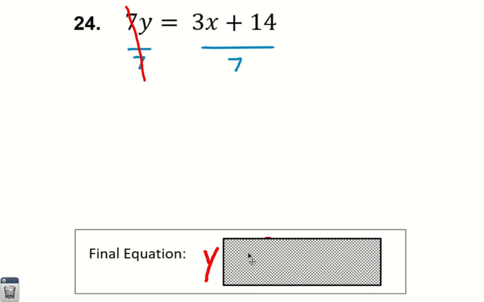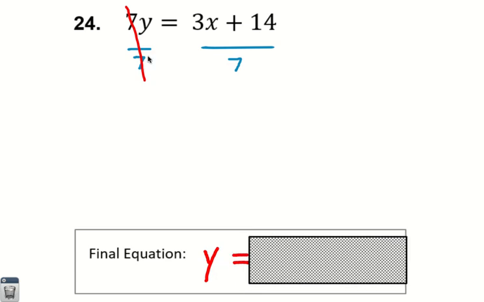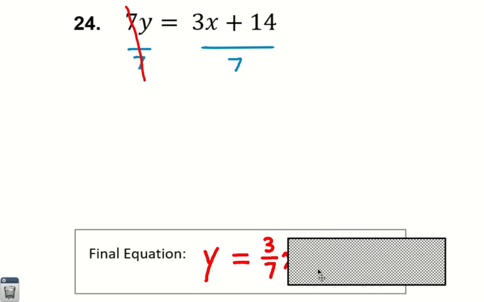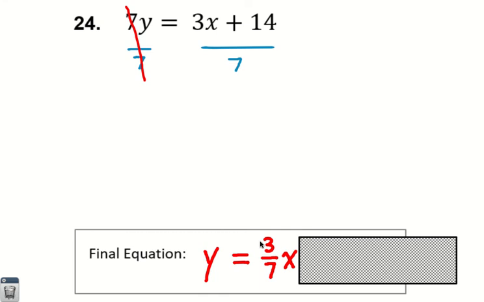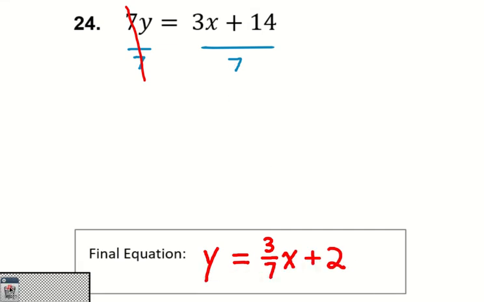No, we can't even reduce it. So y is going to be alone on the left, and we're going to have 3/7x. But don't forget, we also have to divide the 14 by 7. Is that clean division? Yep, that's just 2. And again, just as soon as you have y alone, you're done.